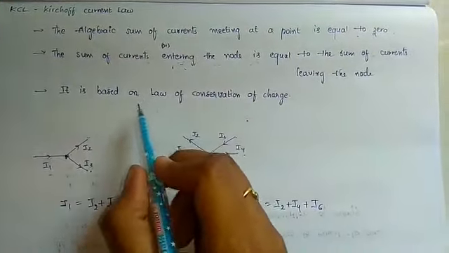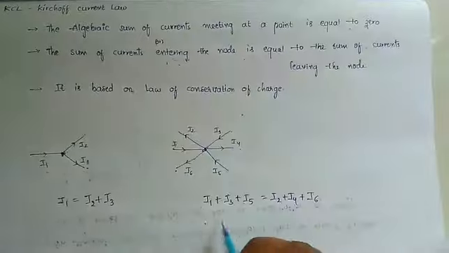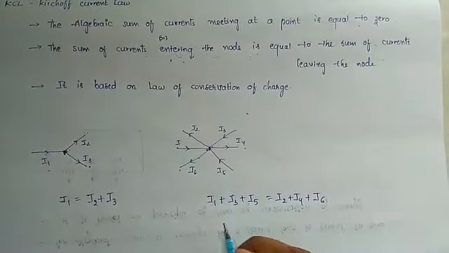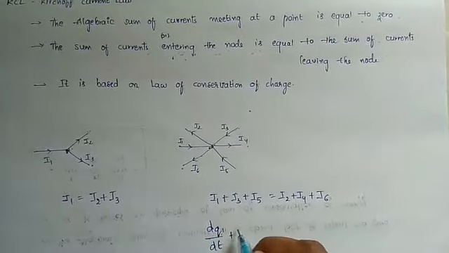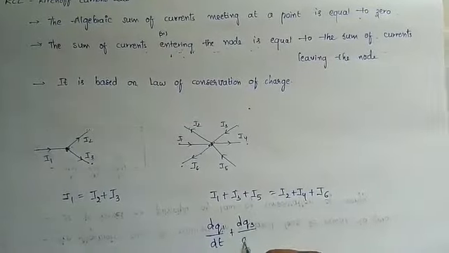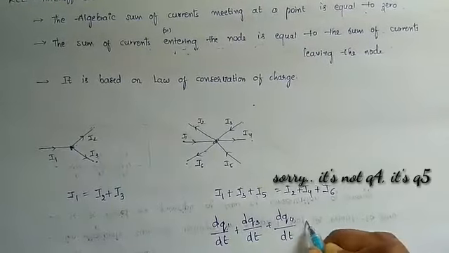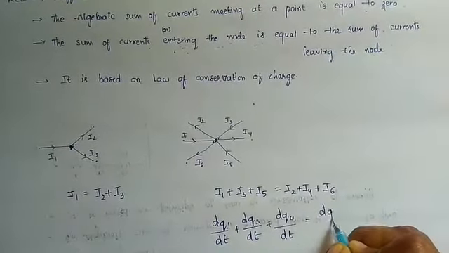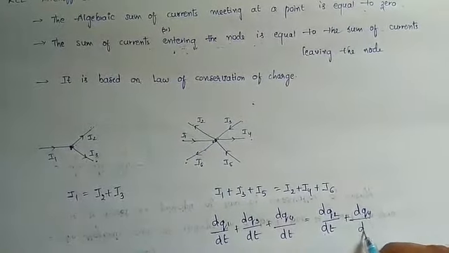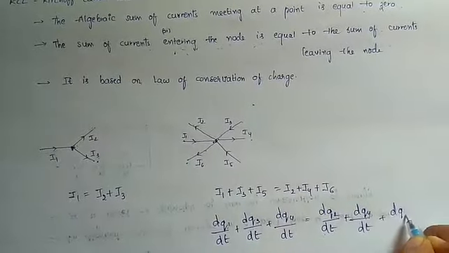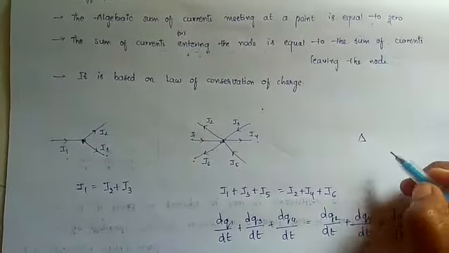Also, Kirchhoff's current law is based on the law of conservation of charge. Here, this I1 can be written as dq1 by dt, plus dq3 by dt, and so on.